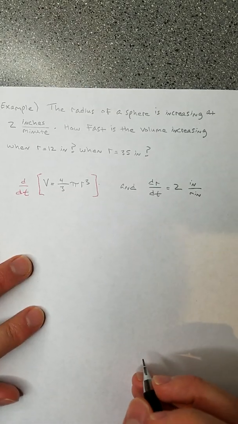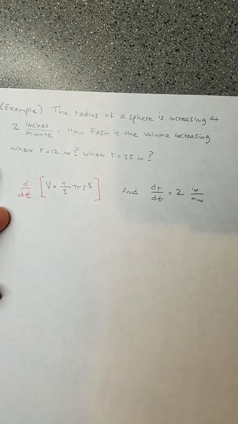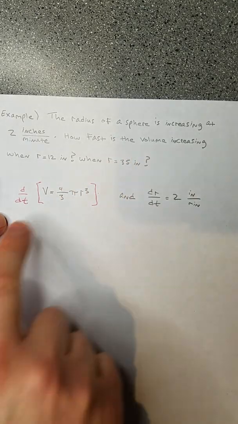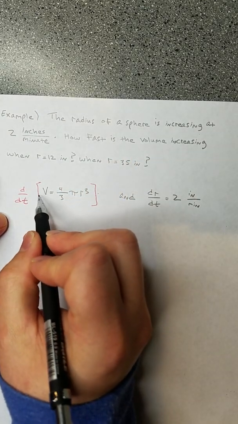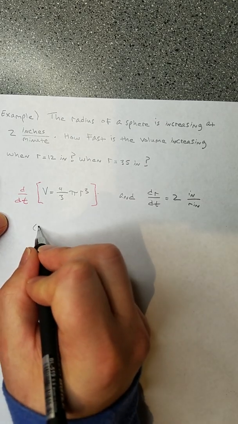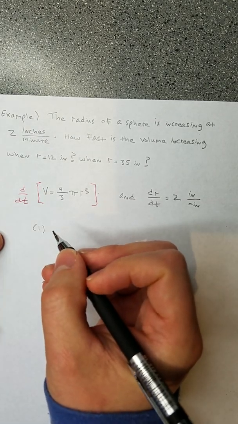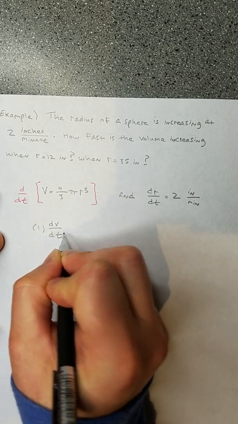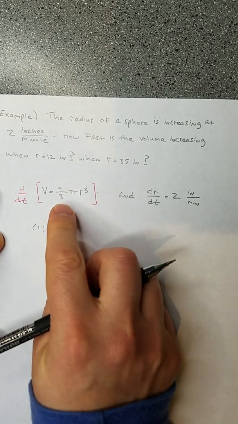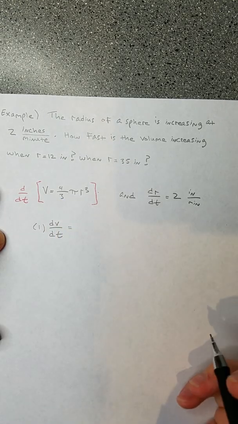All right. So let's do this part then. I can figure out how the volume's increasing from this step. So first, what's the derivative of v? It's going to be 1. But v is a function of time, so I have to follow that with dv/dt. What's the derivative of 4/3 pi r to the third power?